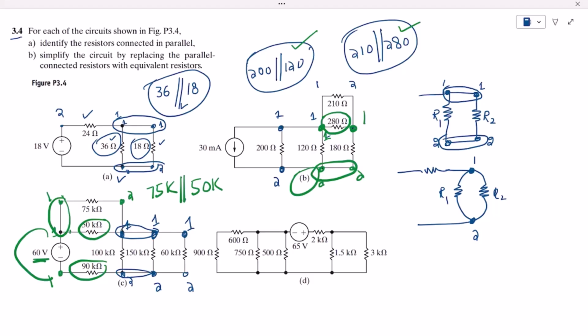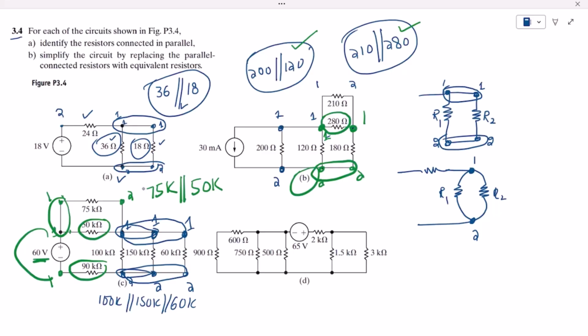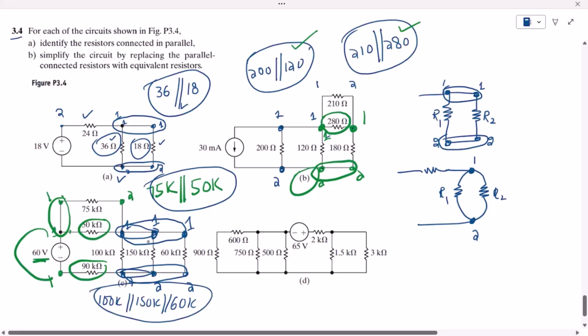Similarly you can extend it and see that another resistor, this one of the 60k, is also shorted with these ones, and these three are also shorted. So therefore from it you can very easily see that 100k is in parallel with 150k and this 60k, so these three are basically in parallel with each other. So there are two combinations, this one and these three, these are in parallel with each other.